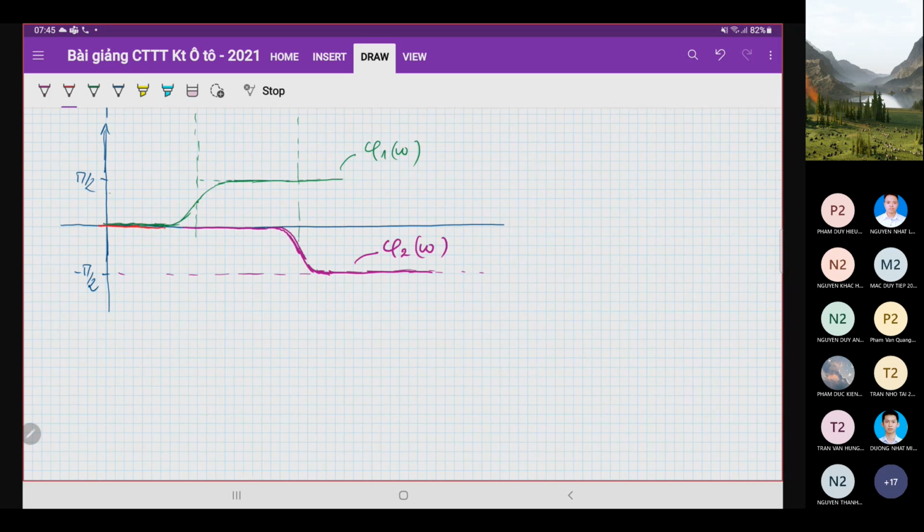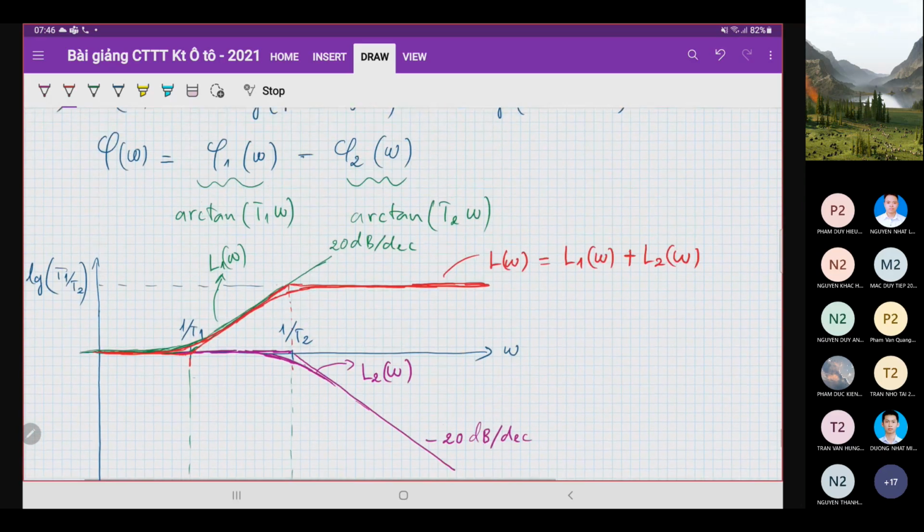When we combine these two into one, the first part goes with this and the second part goes with this. Here we have phi omega equal to phi 1 omega plus phi 2 omega.